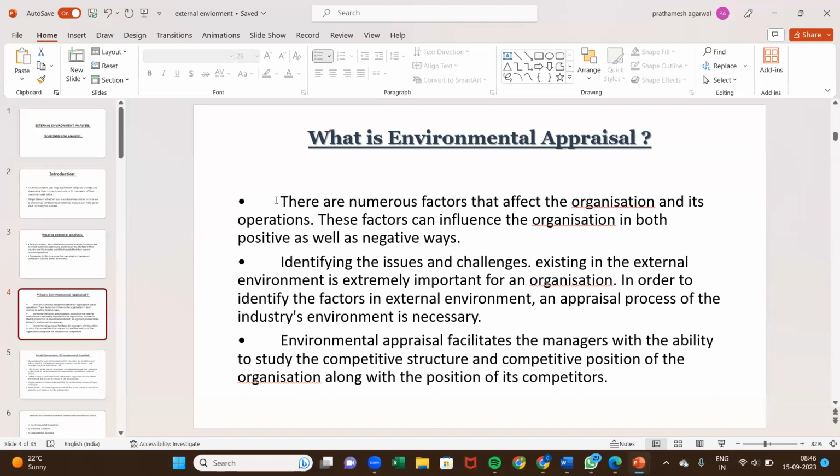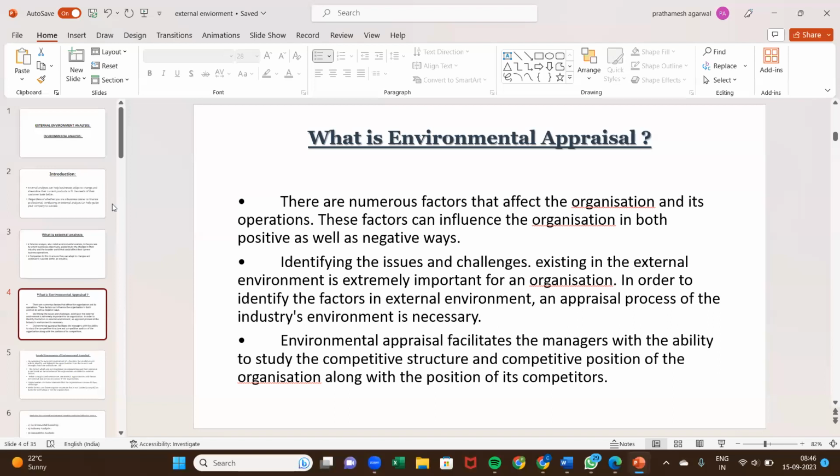Then, what is an appraisal? Environmental appraisal. There are numerous factors that affect the organization and its operations. Now, which are the factors? The factors can influence the organization in a positive way and in a negative way as well. So how will you study these factors?